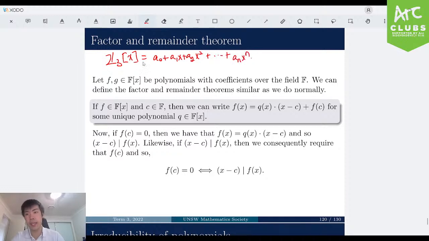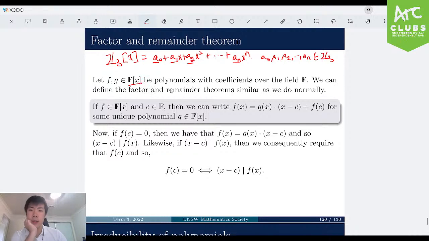And this just means that all of your coefficients, a0 to an, belong in your field. That's what this denotes.